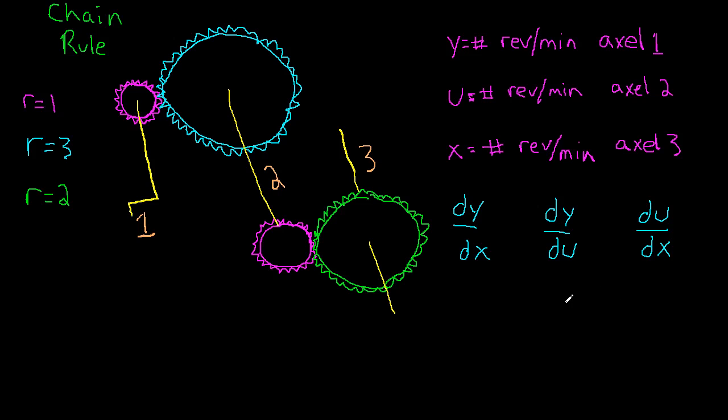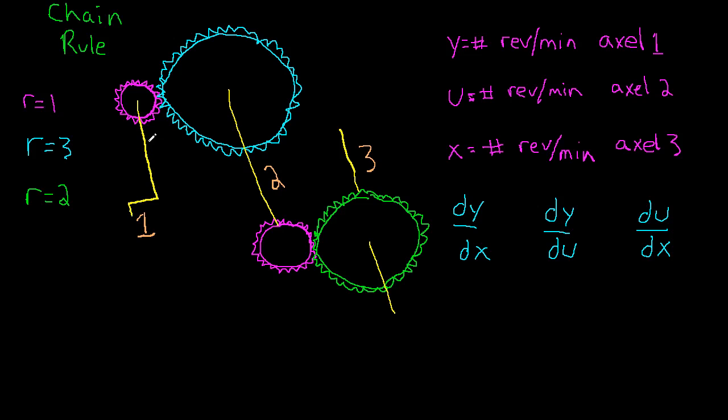Again, the mechanics of the chain rule you're going to find out are very, very easy, but the understanding behind it is maybe a little bit more complicated. So what does it mean to find the change in y with respect to the change in x? Well, what are y and x? They happen to be rates of change of these axles.